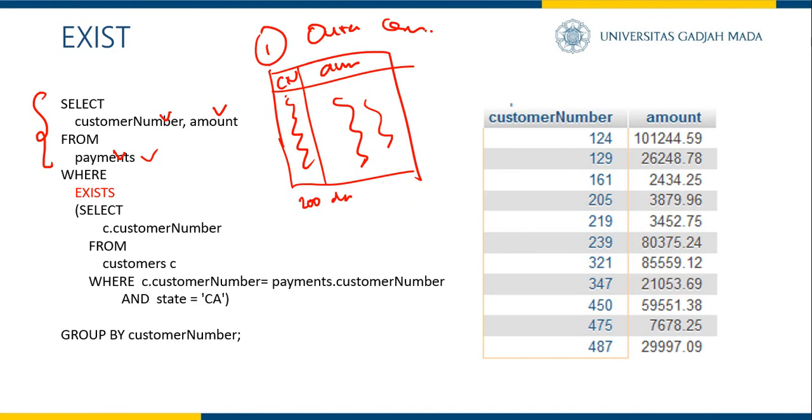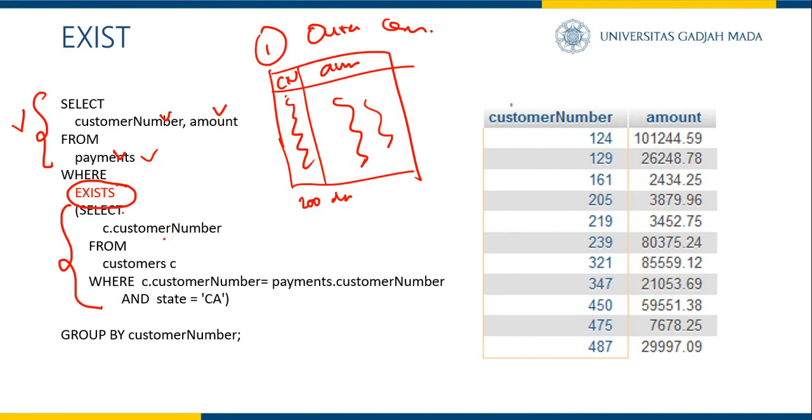It's different from the IN. This will be executed first, and after this result appears, it will check where exists, where this result exists. So let's check the subquery.